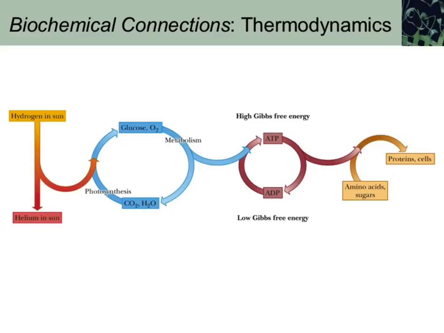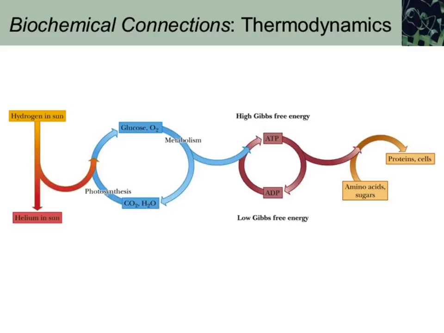Now we have glucose. What could we do with that glucose? Eat it. We've now taken this massively high energy, turned it into, or combined that with CO2 to make another high energy molecule. We take that high energy molecule, we eat it, and convert that high energy molecule into ATP, which is now our energy currency that we can spit out. In the process of doing that, what did we do to that glucose?